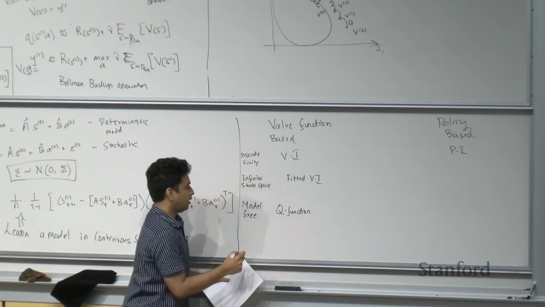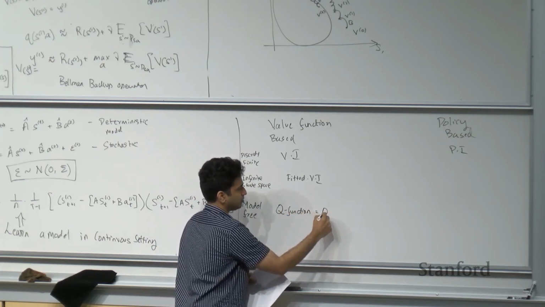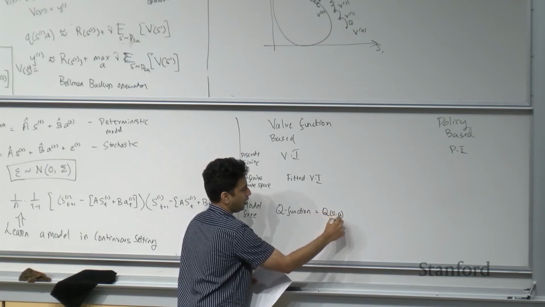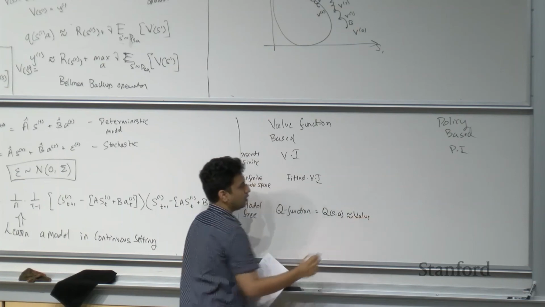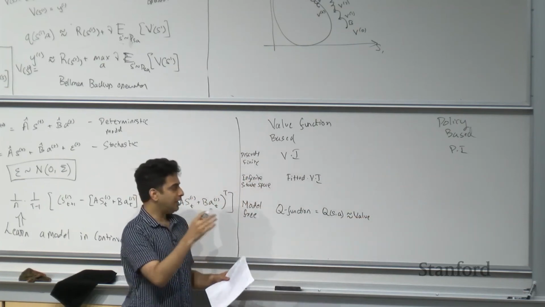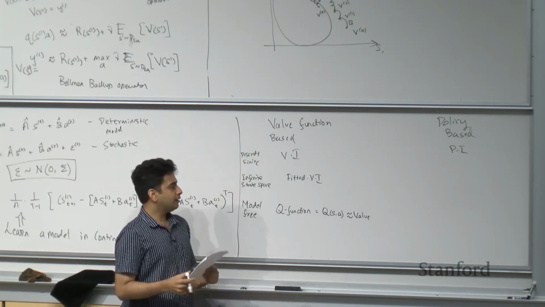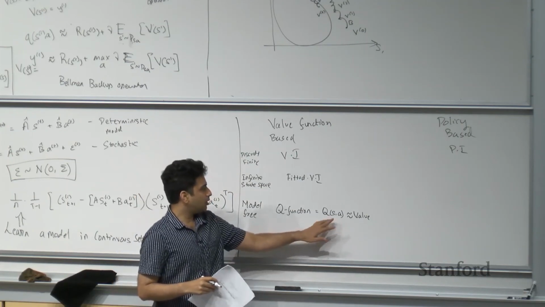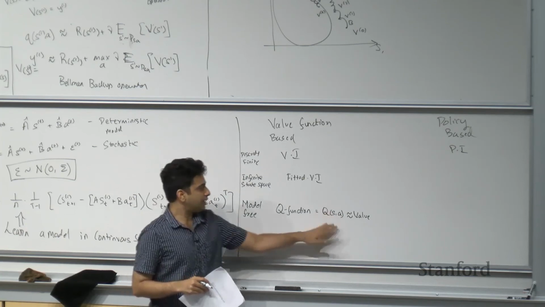Think of Q of s, a as the expected value of being in state s and taking an action a. Even though it seems like a simple addition of an action, it is fundamentally very different.